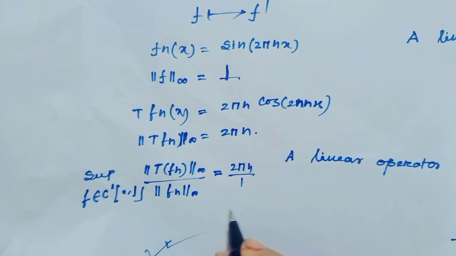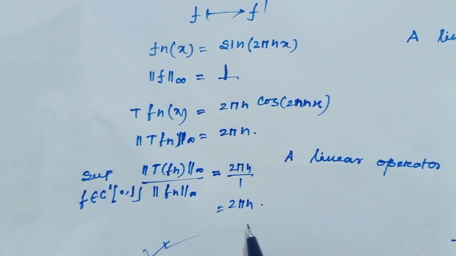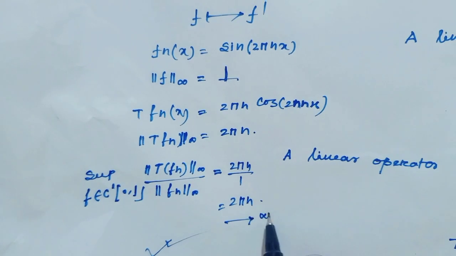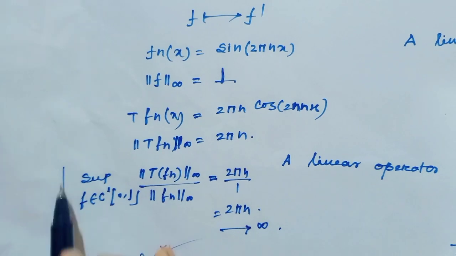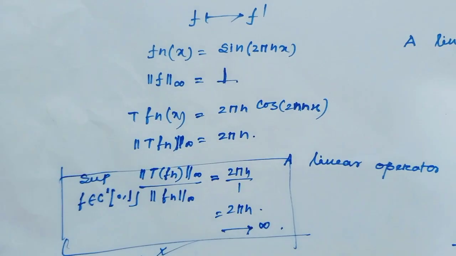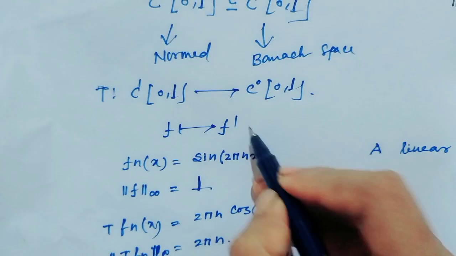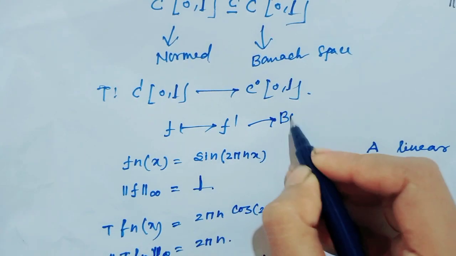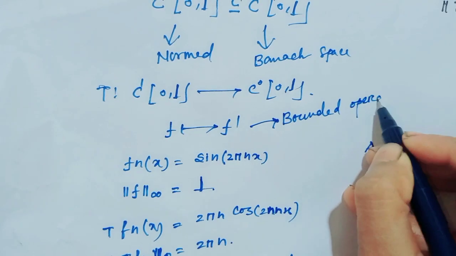That means this value equals 2 pi n, and as n tends to infinity, this value tends to infinity. Therefore, this value is not a finite number. So, obviously, this mapping is not a bounded operator. I hope all my viewers have understood this.